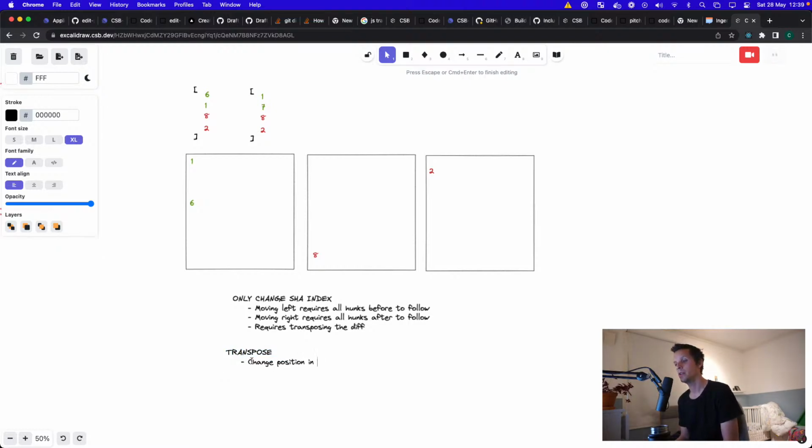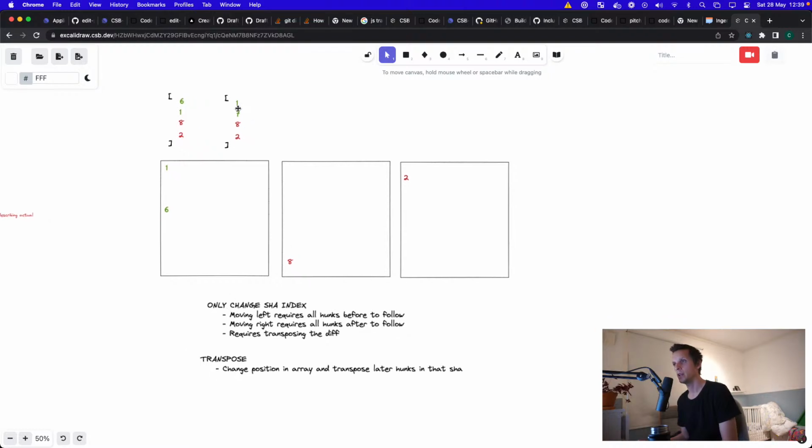Change position in array, and transpose other hunks, and transpose later hunks in that SHA. Okay, so that's what I mean here. Since this was line 1, I figure out at what position in the array you need to be based on your start.